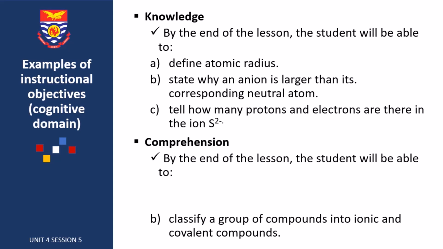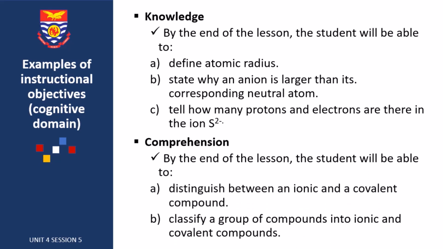So the action verb distinguish is at the comprehension level, and here we are moving up. So the expectation from the learner at the comprehension level is above that of the knowledge. Another example: by the end of the lesson, the student will be able to classify a group of compounds into ionic and covalent compounds. So here too the action verb is classify.